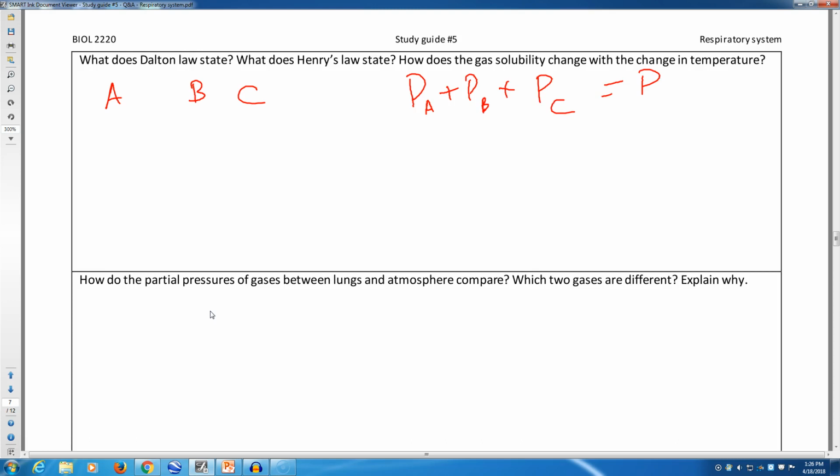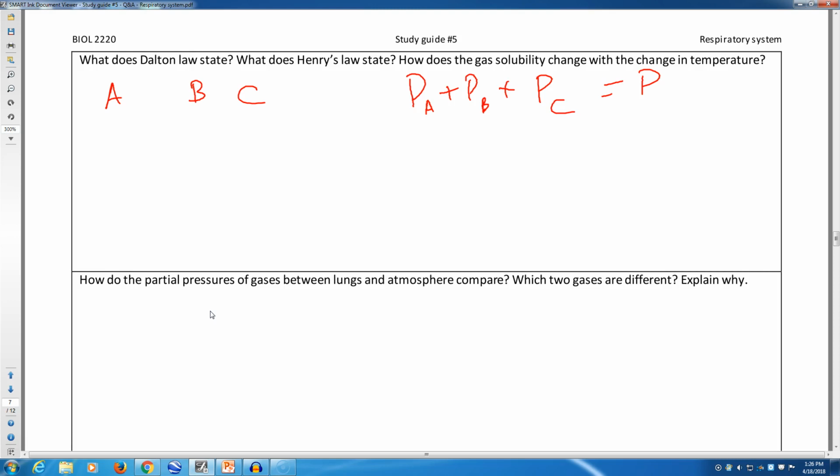Partial pressure of a gas in the mixture is proportional to its concentration. Does that make sense? So which gas has the highest partial pressure in the atmosphere? Nitrogen. Right? We're clear? Awesome.